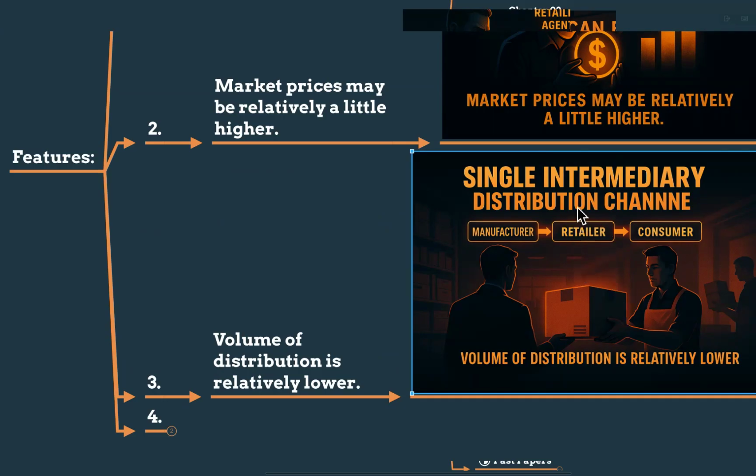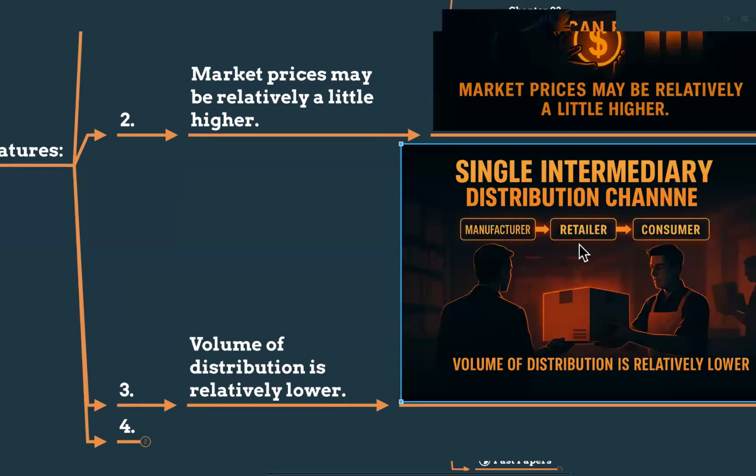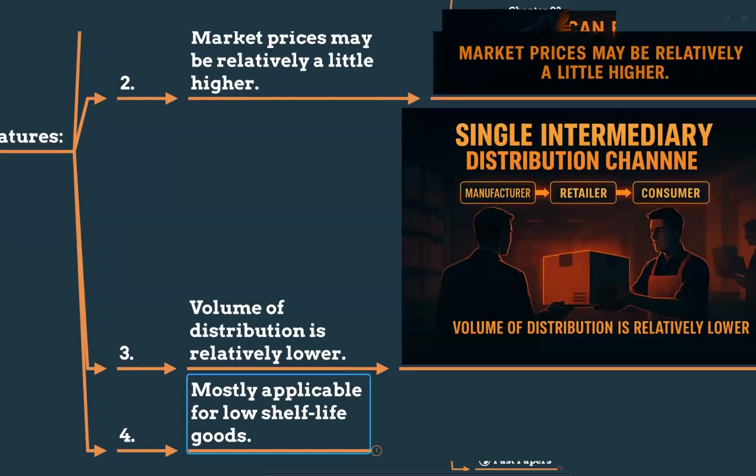Retailers have small shops, and they are buying so many varieties of goods. So they will buy small amounts of your goods and issue them to the consumers, because as a retail shop, they can't have only biscuits, right? They have to have all the variety of goods. So the volume of distribution is relatively low if we have only a single intermediary.